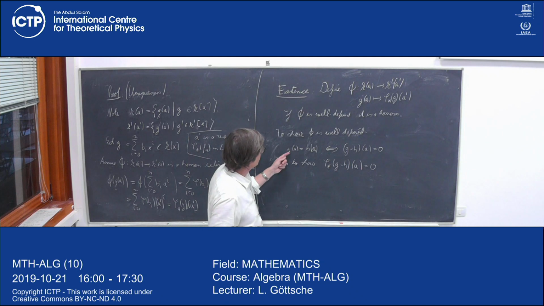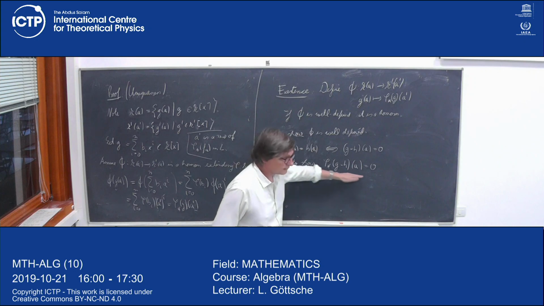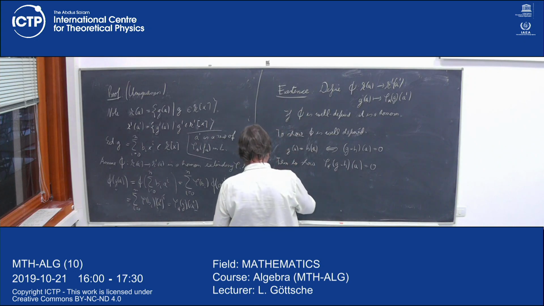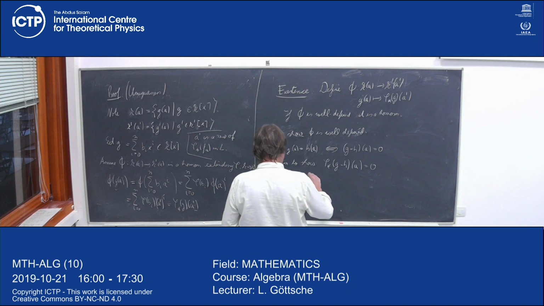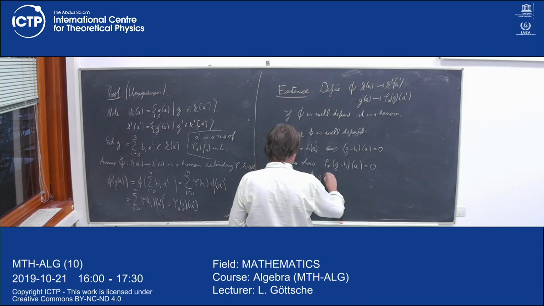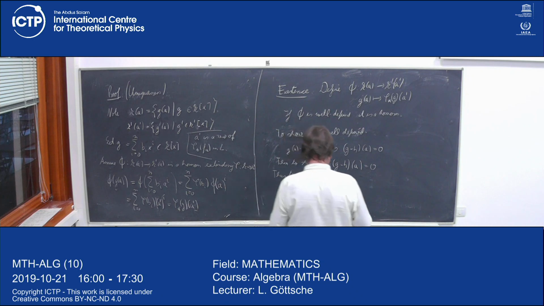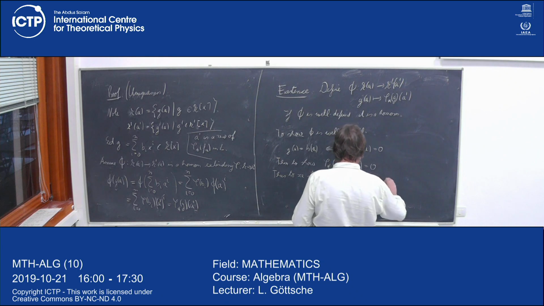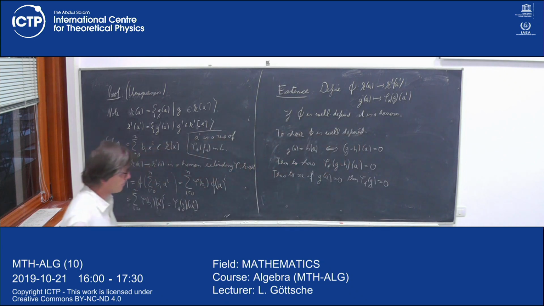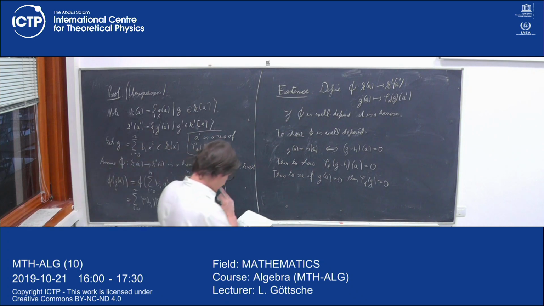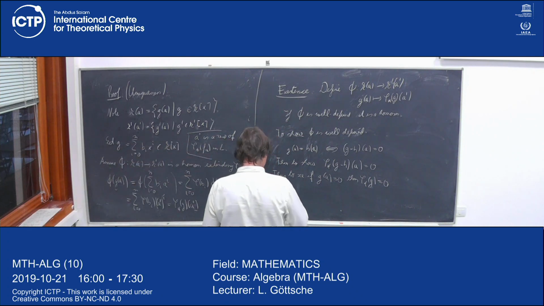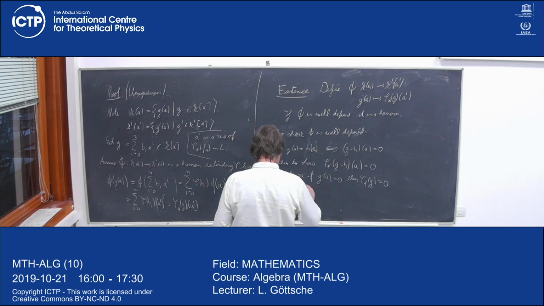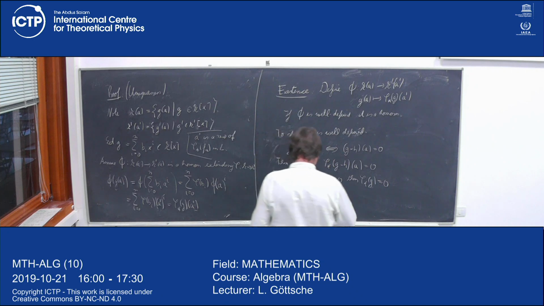So basically it's enough to see that if g of a is equal to 0, then phi star g of a prime is equal to 0. Okay. So what do we assume? g of a is equal to 0.